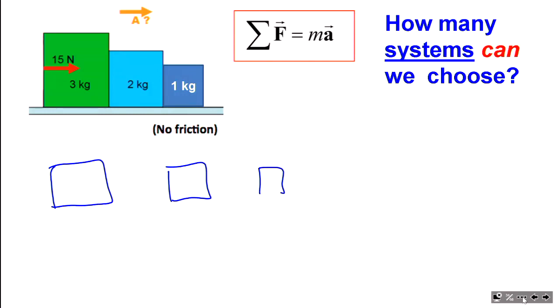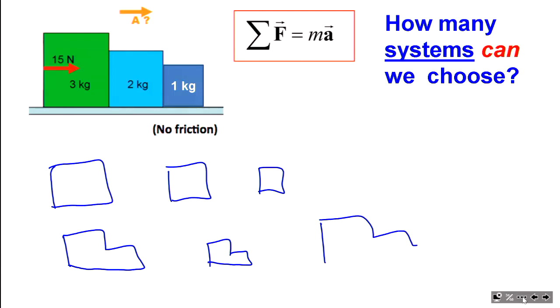We can choose as a system the dark blue one, the third. Are we done? No. We can choose as a system the combination of first and second. We can choose as a system the combination of second and third. And finally, we can choose as a system the whole combination.